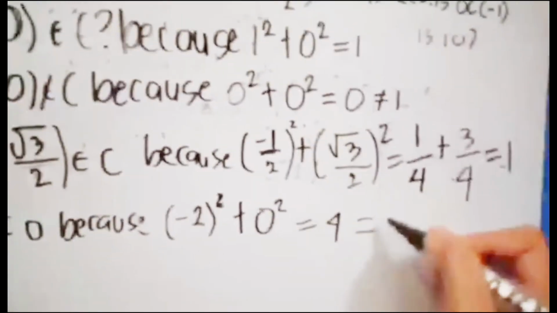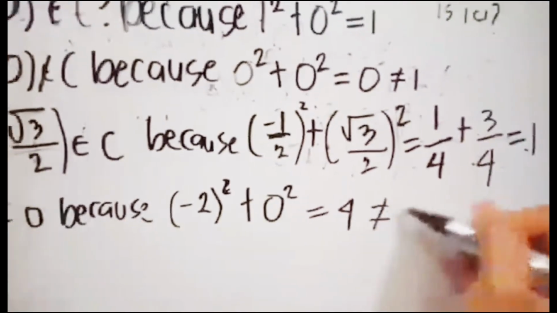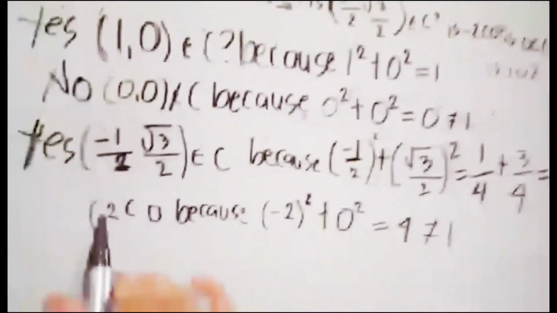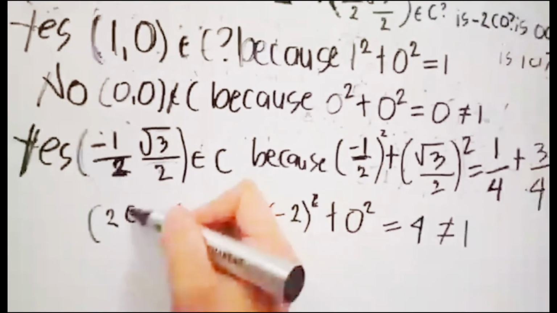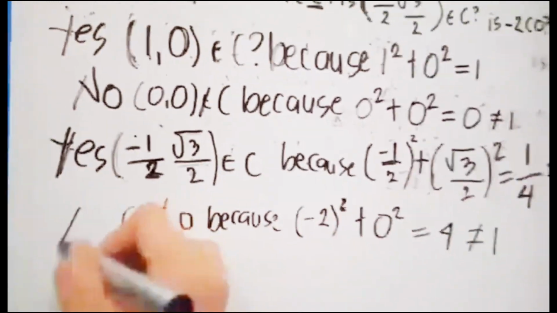Therefore, it is not equal to 1. (Negative 2, 0) is not an element of the circle. So this is no.